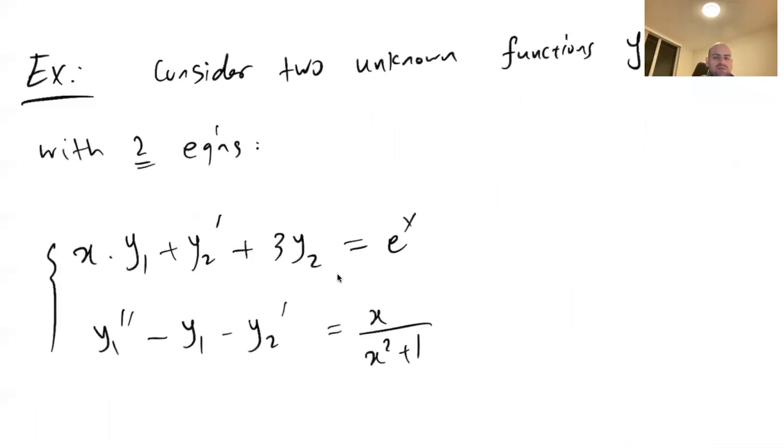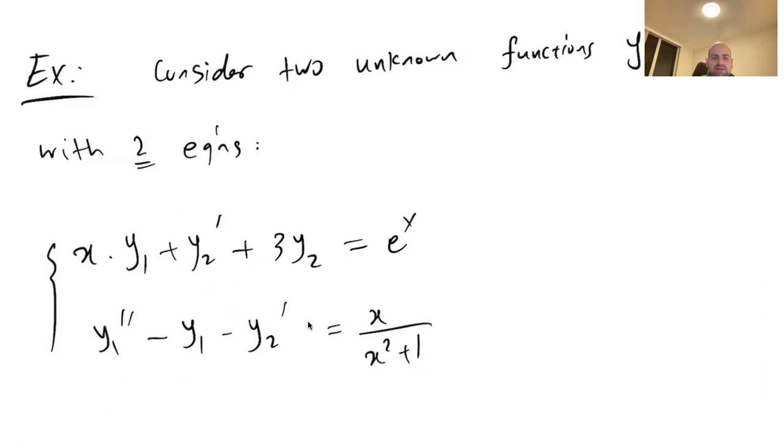So for example, for the first equation, if I take e to the x to the left-hand side, then x times Y1 plus Y2 prime plus 3Y2 minus e to the x. This whole package will be my F1 of X and Y1 and Y2 and Y1 prime and Y2 prime, because we have all the way to, say, first derivative.